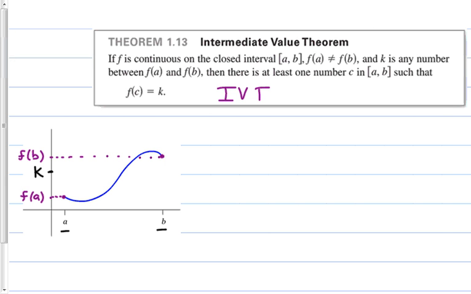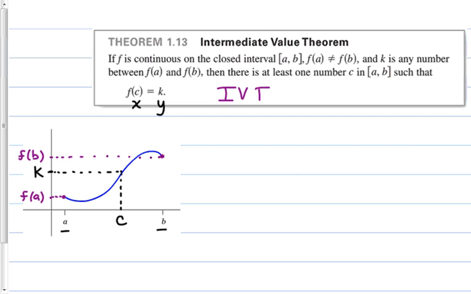So basically, c is the x, and k is the y. So they're saying there's an x value in between a and b somewhere. And if I backtrack here, here's my c. There's a c in between a and b where I will get k. Of course, k has to be between the two y values, but that's why we work backwards, to make sure that it is.